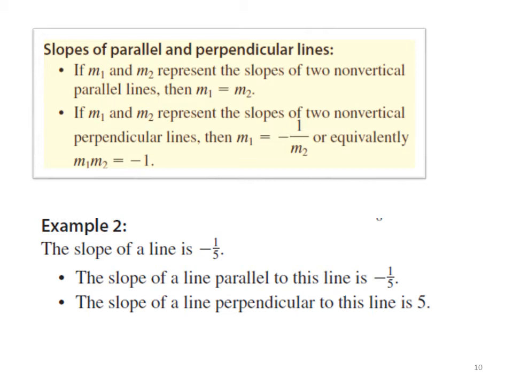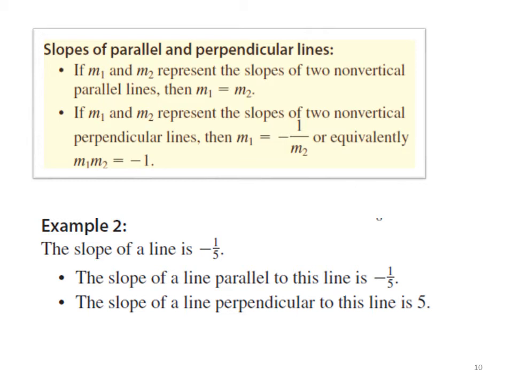This relation can be written, if you multiply both sides by M2, as M1 times M2 equals minus 1. That means the product of the two slopes is equal to minus 1. Which also means if you know two lines are perpendicular and you know the slope of one of them, you should be able to find the slope of the other one using this equation.